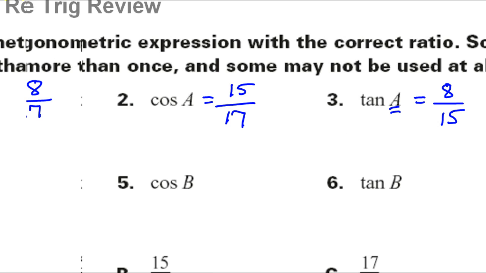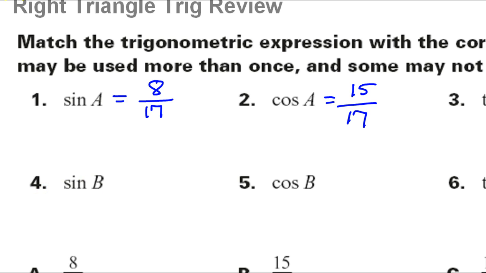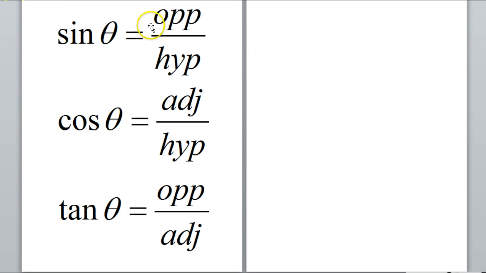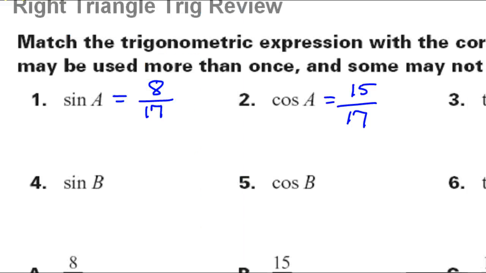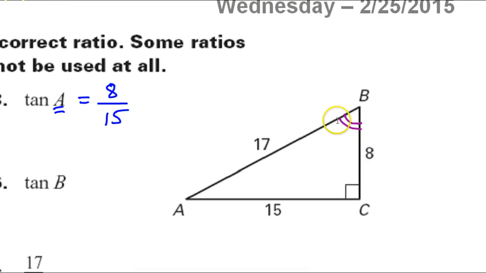Now we're supposed to be doing the sine of angle B, and again the sine is defined as the opposite leg over the hypotenuse. So the opposite leg from angle B, 15 is opposite because it's the one that's across from angle B. 8 is adjacent. So this is the opposite leg, the one that's far away.